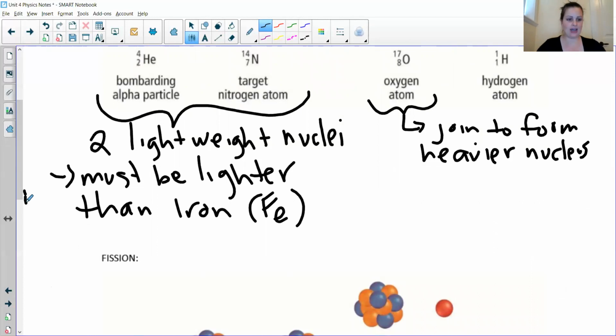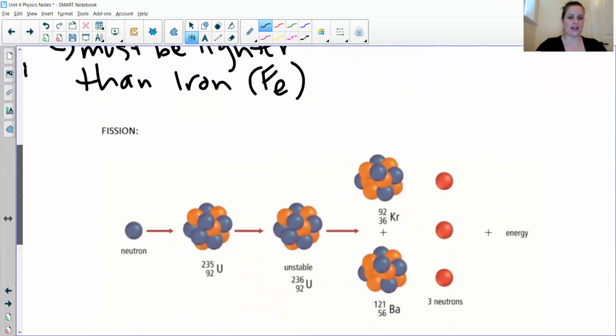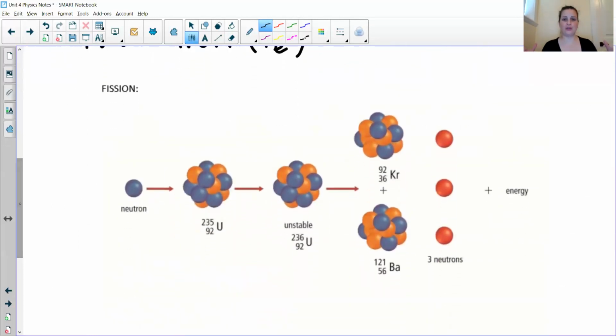Okay. So the other form of nuclear reaction is fission. So fusion is fusing together. Fission is breaking apart. So this occurs when a high-speed neutron basically rams into an unstable nucleus and causes it to break apart.